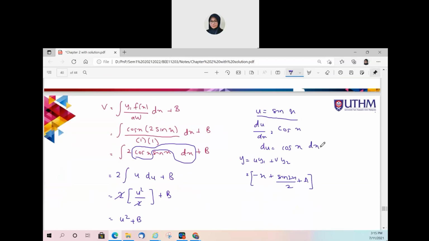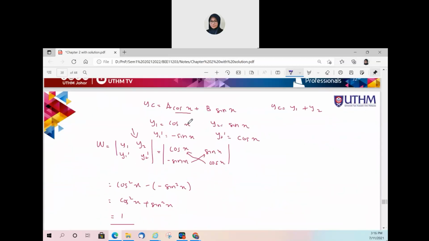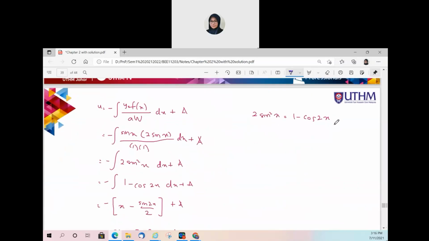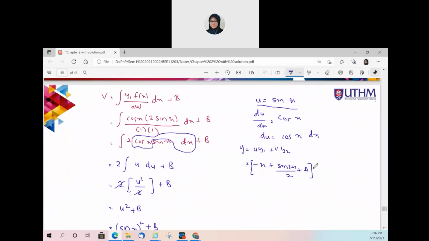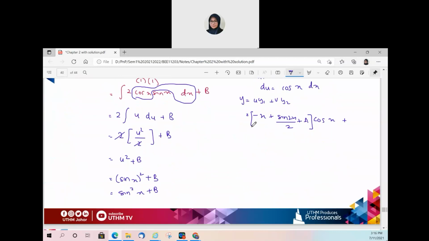Okay, so y1 is cos x, plus v. So v is sine square x plus b, times y2. y2 is sine x.